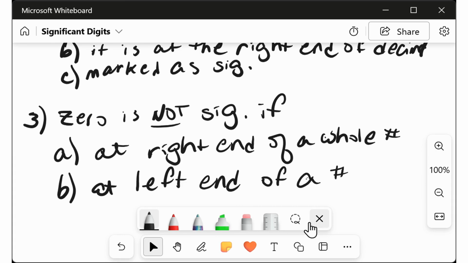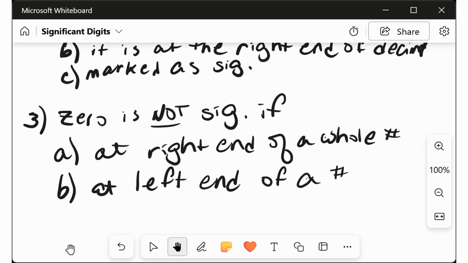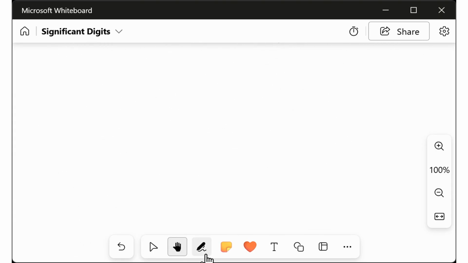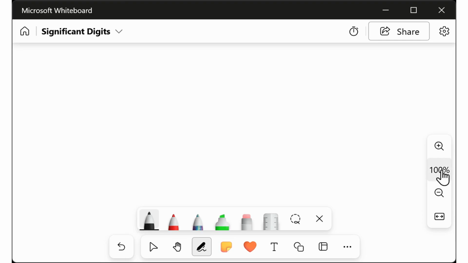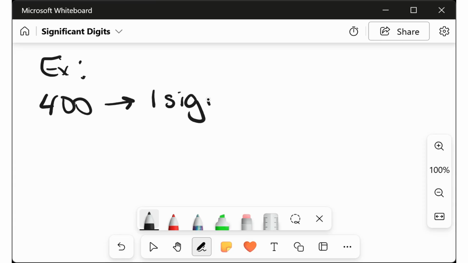So the number 400 has one significant digit.